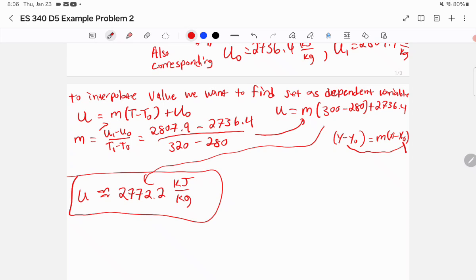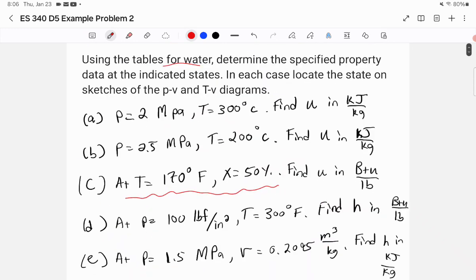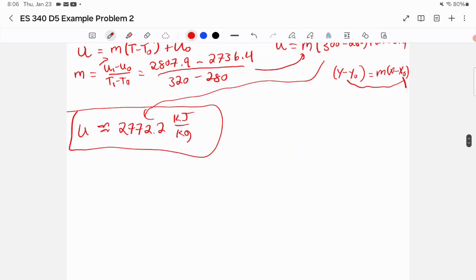And I'm going to do another example of interpolating, and we're also going to do one with, as you'll see, a quality. Okay, so the quality being 50%, but that's going to be next. Let's draw this on the table. Okay, so we have the PV table.